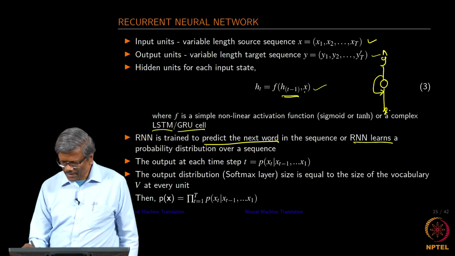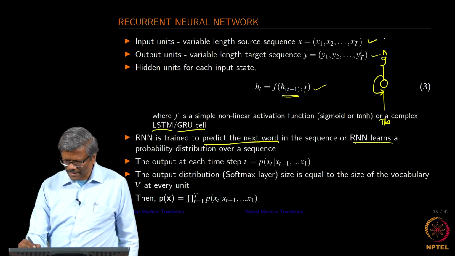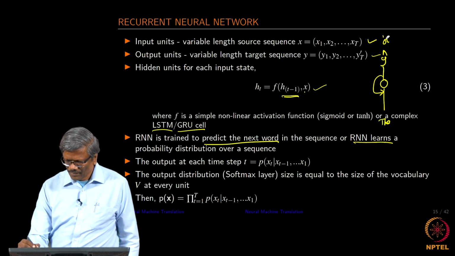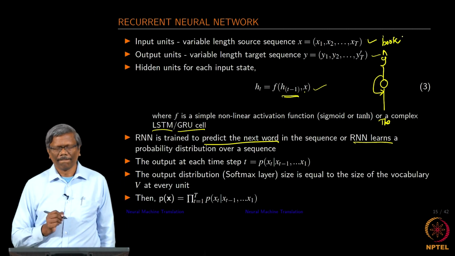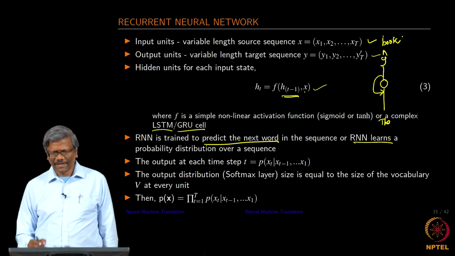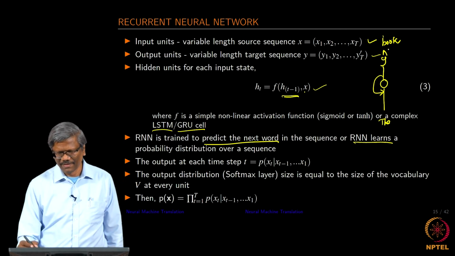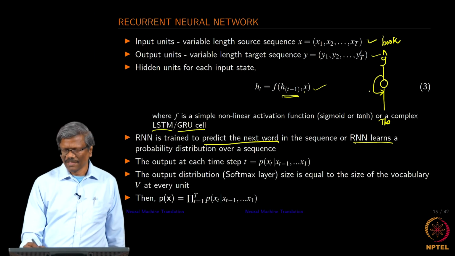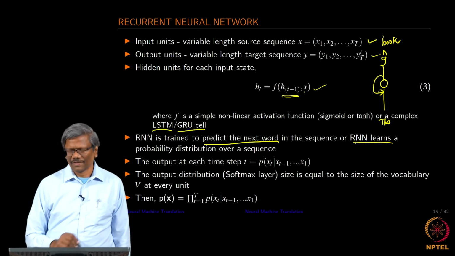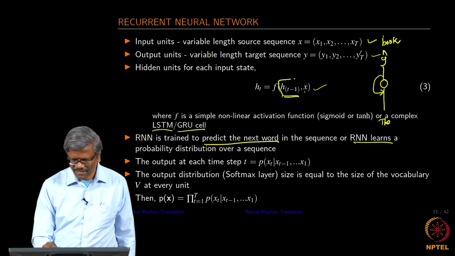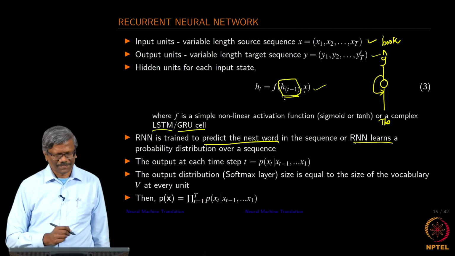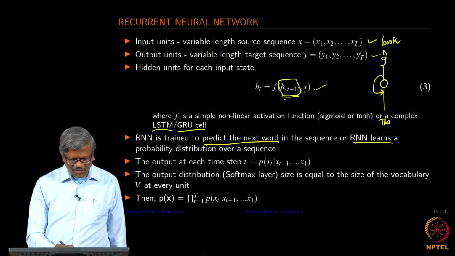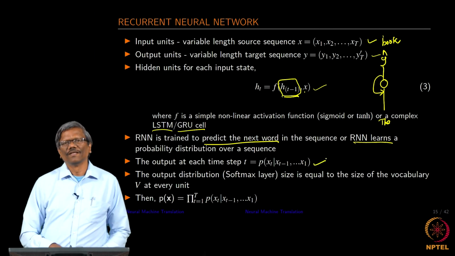So, if I input, let us say, "the", here we expect the output as "book". So, every time we are learning the next word in that sequence, and it remembers the previous hidden value using this matrix. And then the output at each time is again a probability.